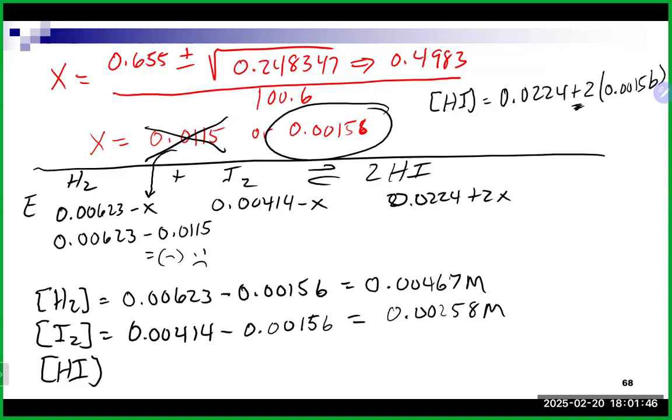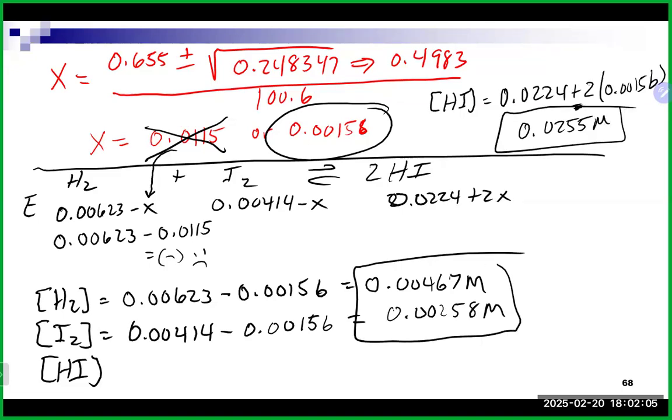So make sure that you do add. 0.0224 plus 2 times 0.00156 gives 0.0255 molar. So those should be the equilibrium concentrations of everybody at this point.